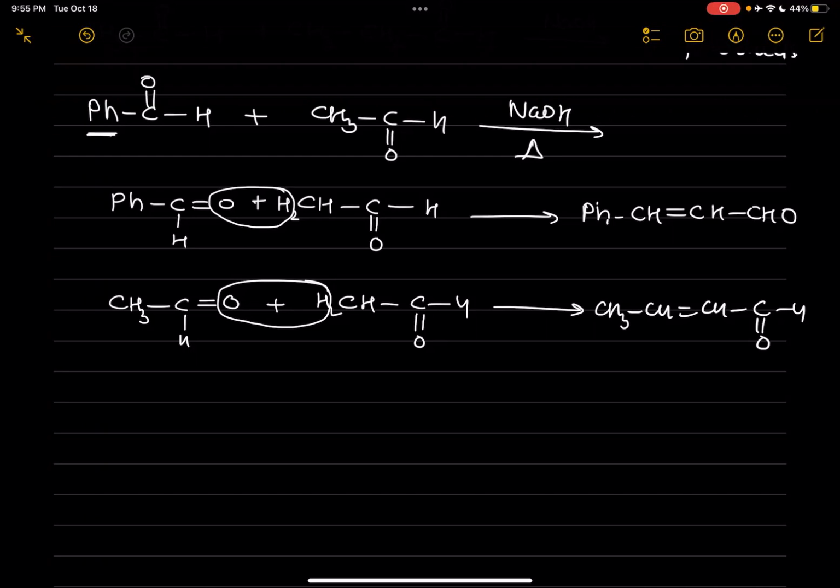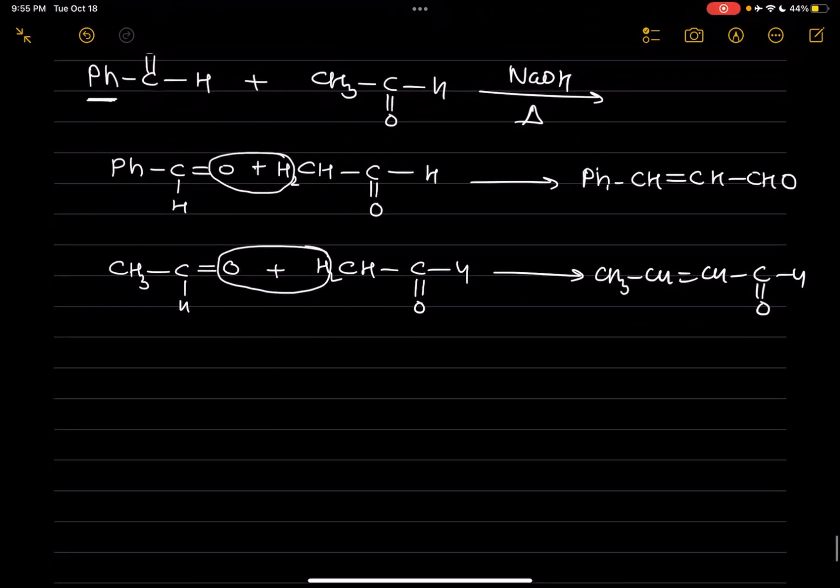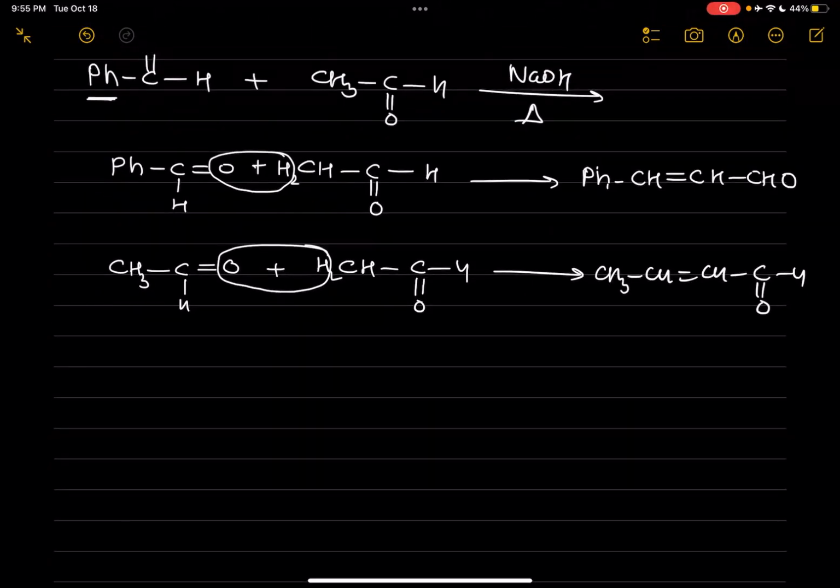The upper one or the lower one or both? The upper one is the cross product and the lower one is a self product. But you can't prevent the self product also being formed.